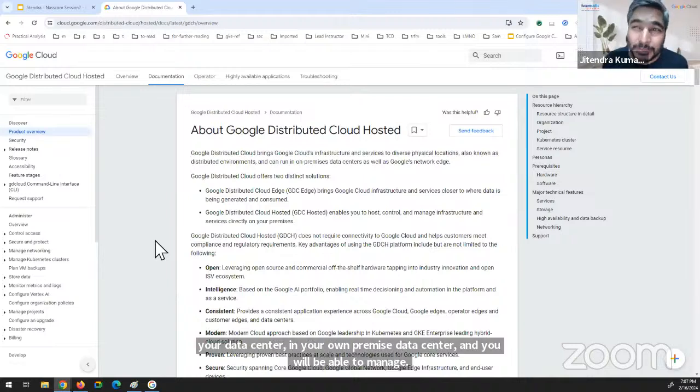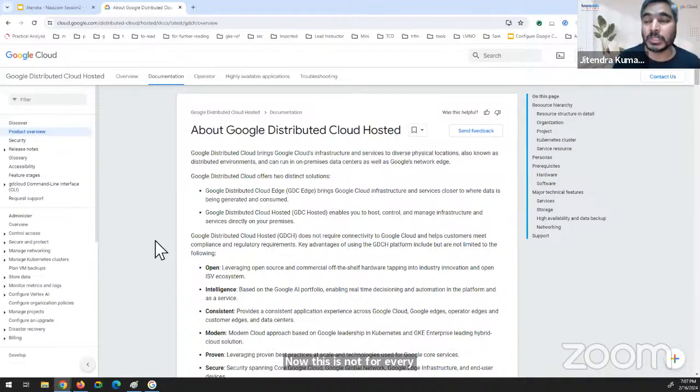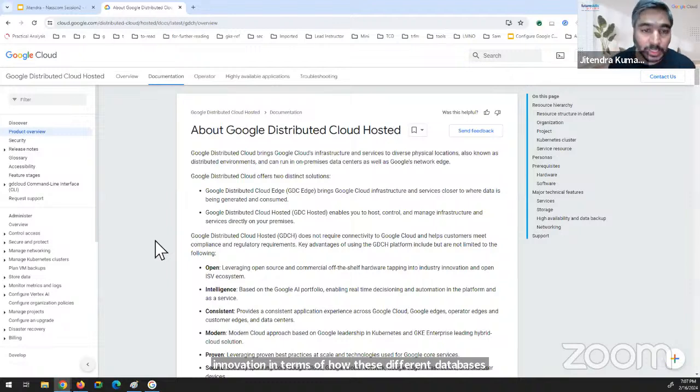Now, this is not for every customer. This is basically for those customers who are worried about, say, sovereign cloud. For example, Government of India, the Department of Defense, and certain other organizations need an air gapped solution, where nobody has any access to things, but they still need Google services, where Google has done a lot of innovation in terms of how different databases, data warehousing solutions and machine learning algorithms are made available.